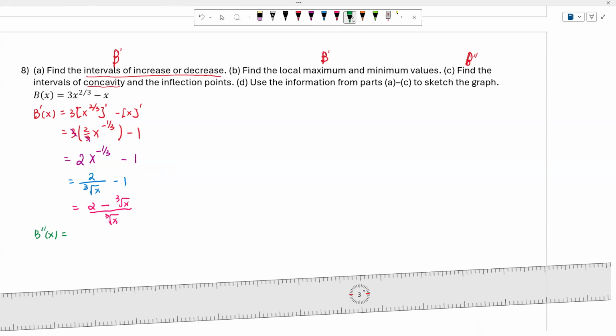Which is the derivative of b prime, right? Which is the derivative of 2 times x to the negative 1/3, minus 1.